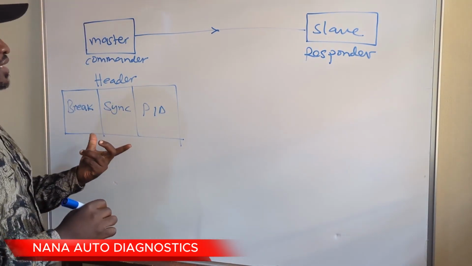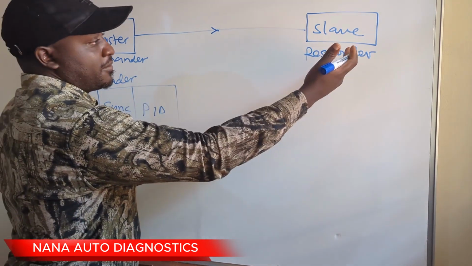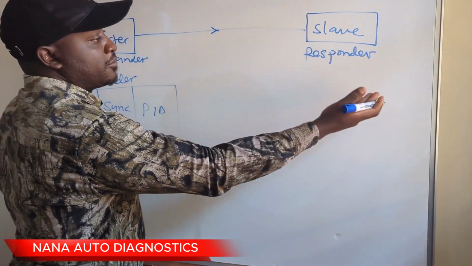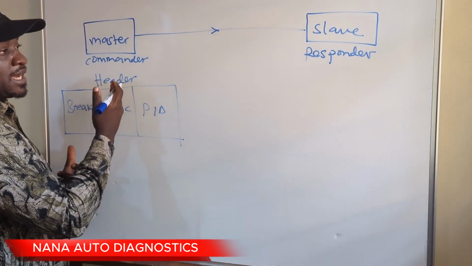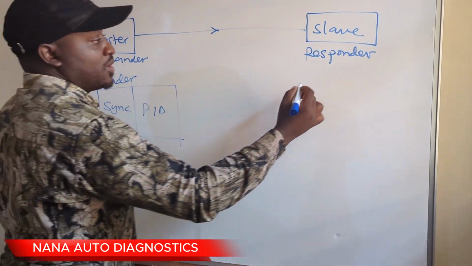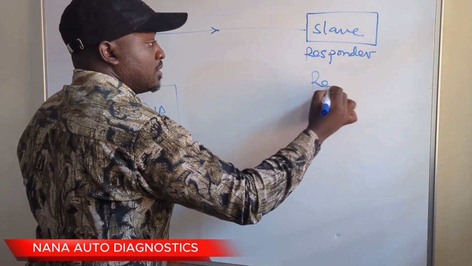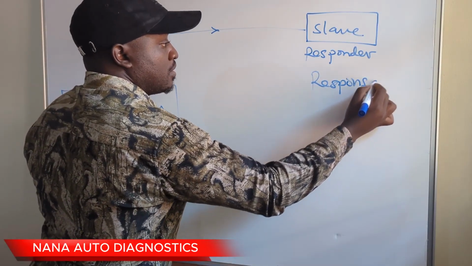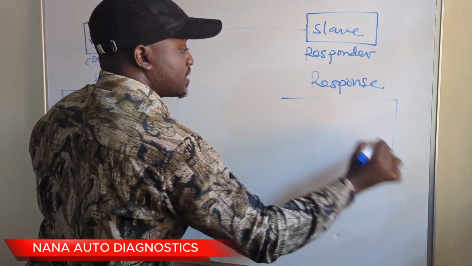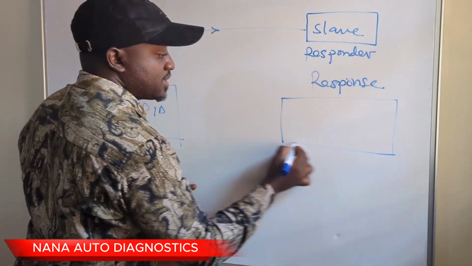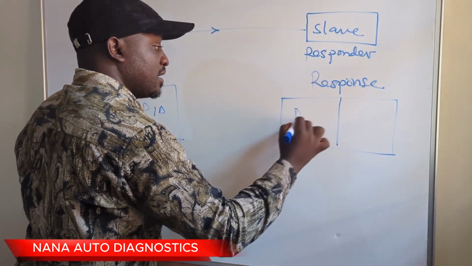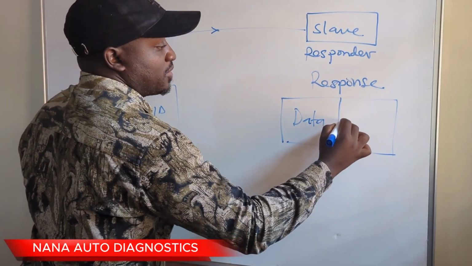Once this message has been sent, the slave will have to respond back to the master, and that message is known as the response. And this contains mainly 2 parts, which is the data and also the checksum.